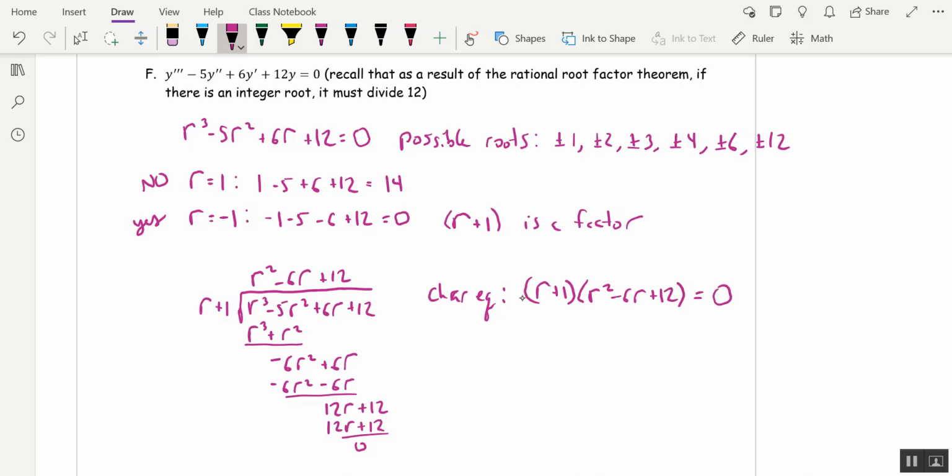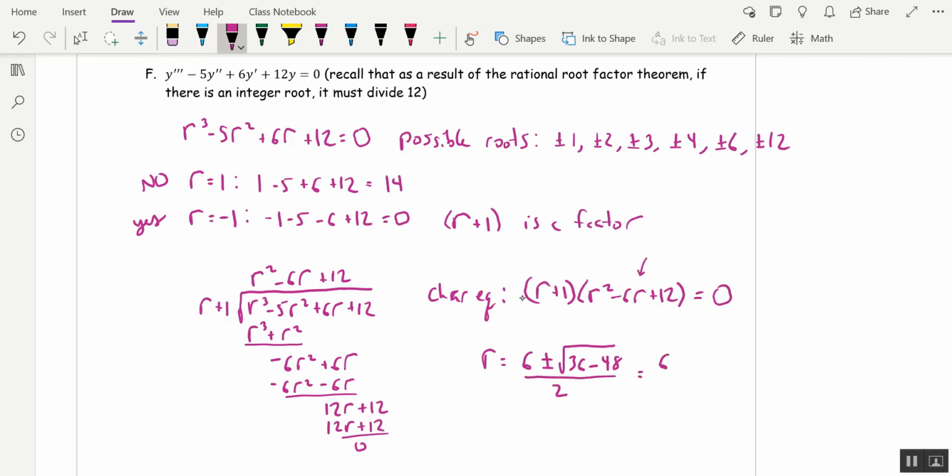We know one root is negative 1. Now we need to find the roots of this guy. So we look at it and we say, does it factor? No, it doesn't. Bust out the quadratic equation. r equals negative b. b is negative 6, so that's 6 plus or minus the square root of b squared, which is 36, minus 4ac, 4 times 12 is 48, over 2a, which is over 2.